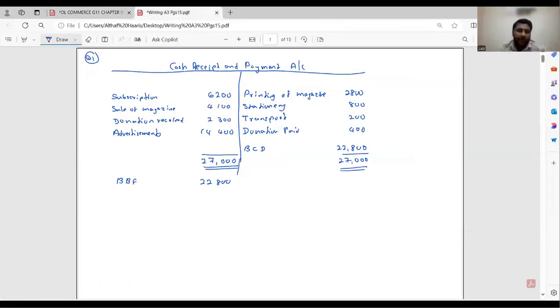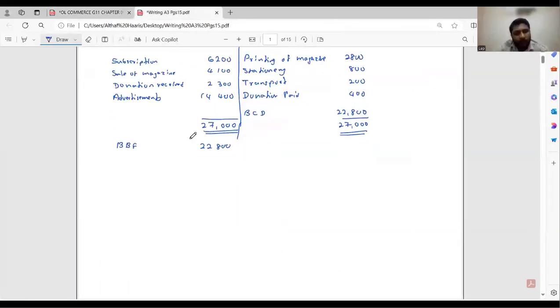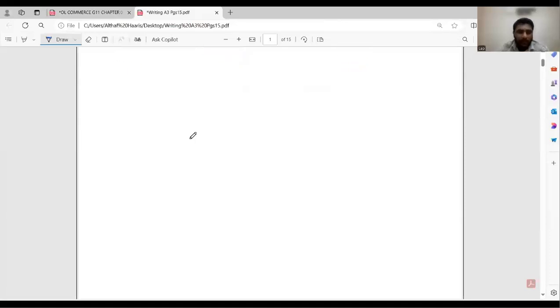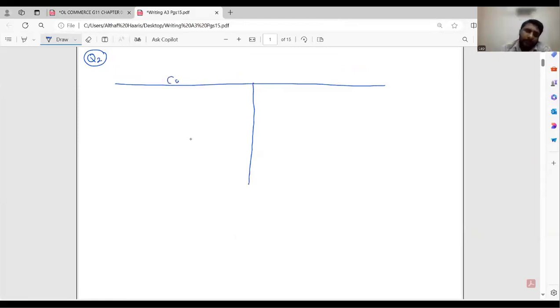So let's prepare. Cash receipt and payment account.